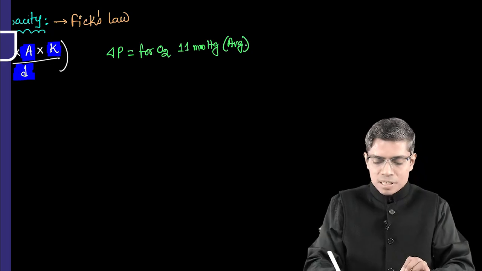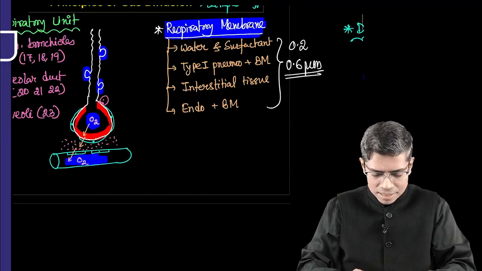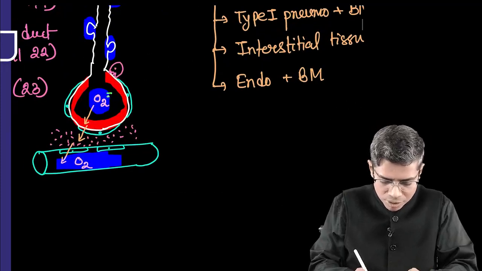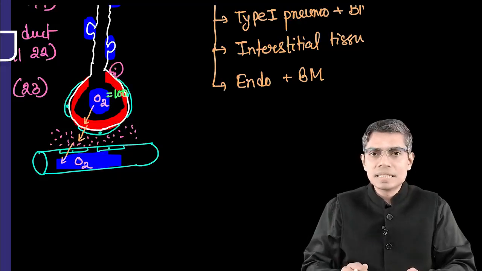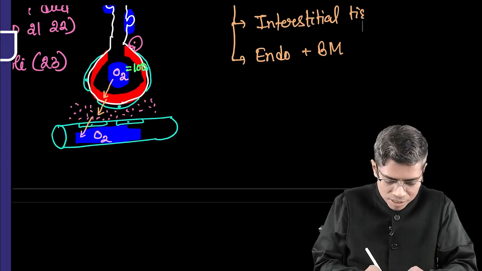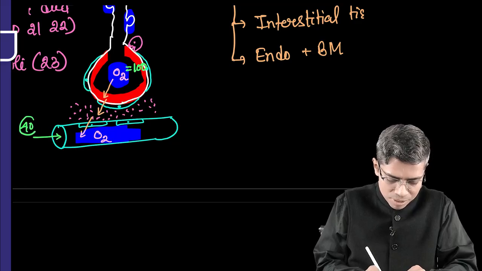Very important. You must be thinking, where are you getting that 11 from? So look here. If I ask you what the partial pressure of oxygen at the level of the alveoli is, from your basic knowledge it is 100. What is the partial pressure of oxygen coming through the venous blood? That is 40 millimeter of mercury.